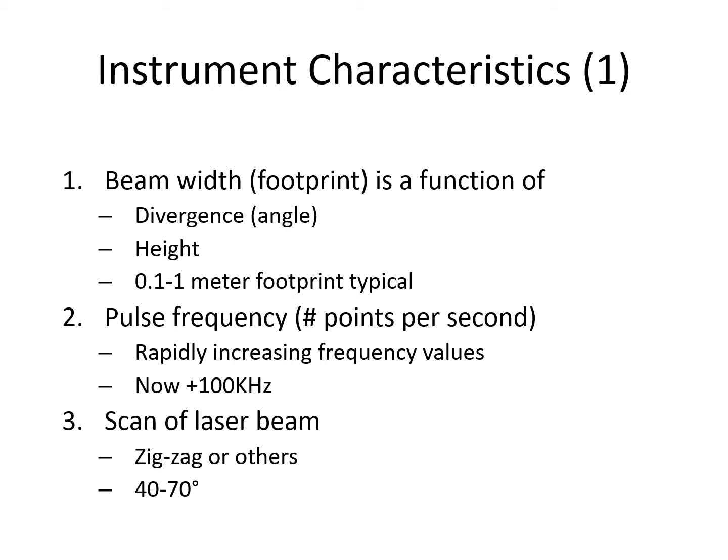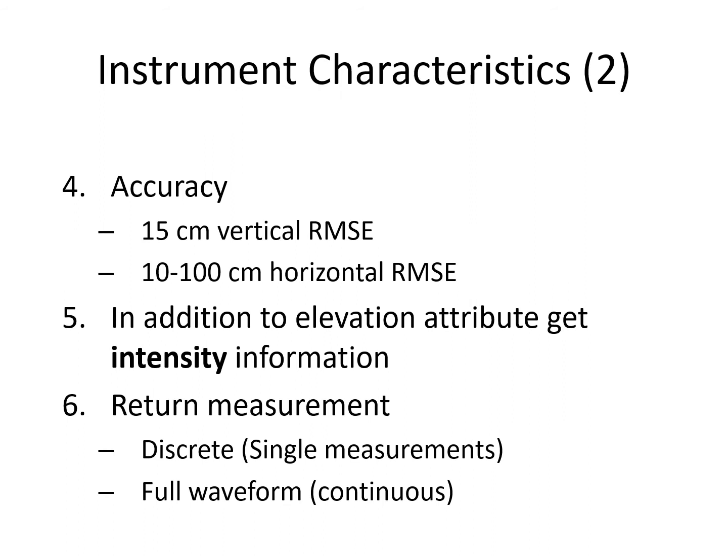So it's not only going straight up and down, it's also going at angles. It's looking for any way that it can get through to measure that surface. Your root mean square error in terms of vertical measurements is about 15 centimeters. Your horizontal root mean square error is somewhere between 10 and 100 centimeters, or it's less than a meter.